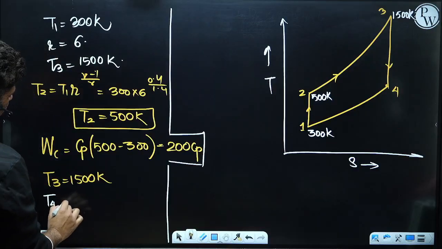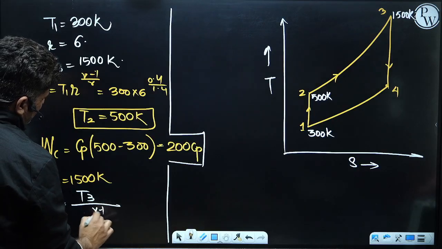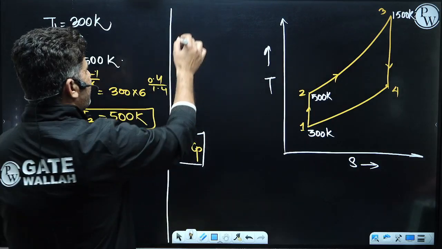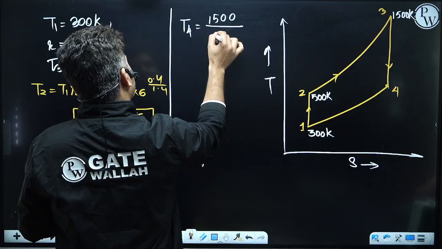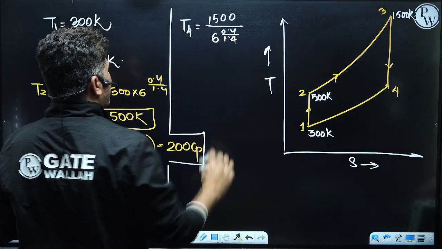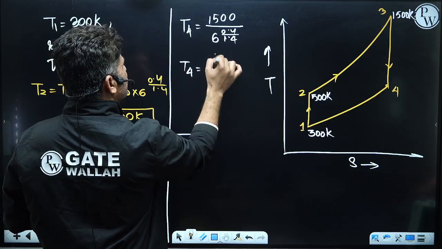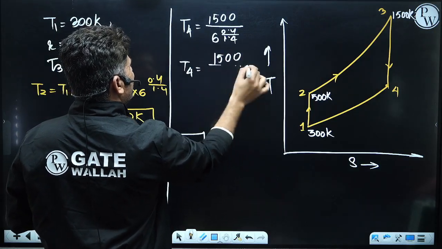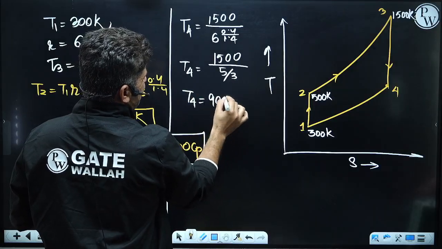T4 will be equal to T3 divided by r to the power (gamma minus 1) over gamma. So T4 will be equal to 1500 divided by 6 to the power 0.4 divided by 1.4. When you do this, it will be 1500 divided by 5 by 3. So T4 will be equal to 900.